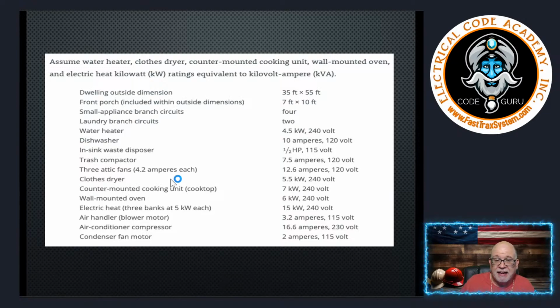And you also have to assume at least 1 laundry circuit at 1500 VA. Now, our dwelling has 2 laundry branch circuits. We have 4 small appliance branch circuits. So keep that in mind as we go through.